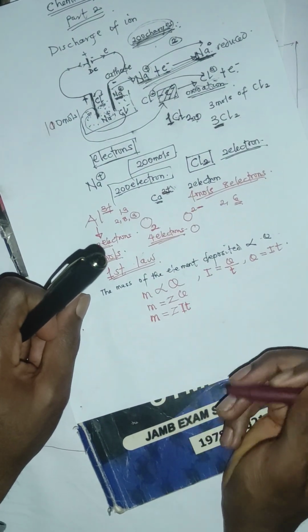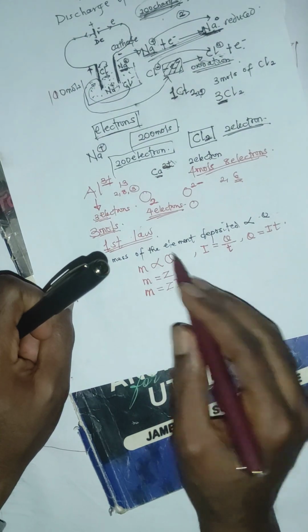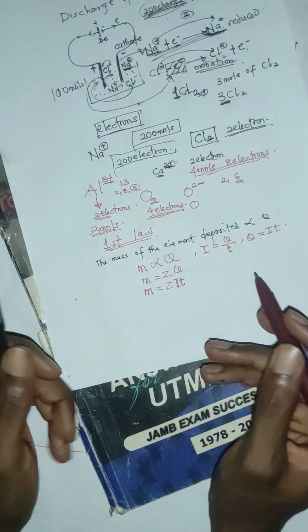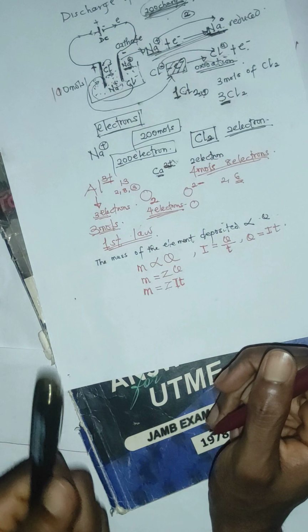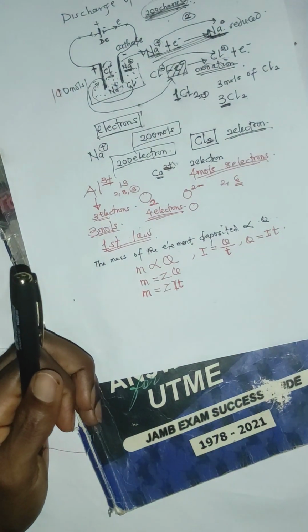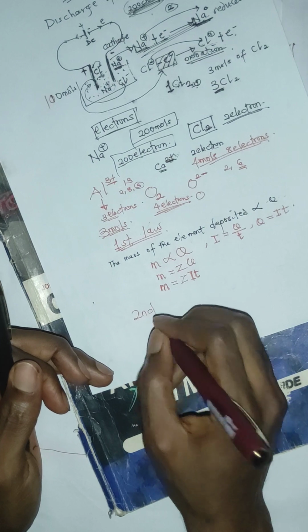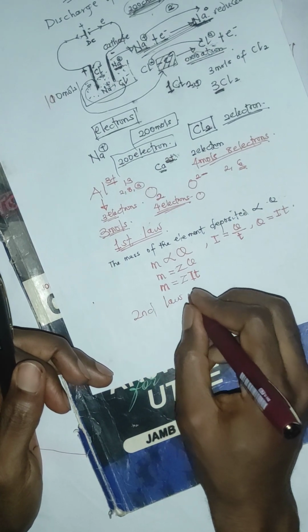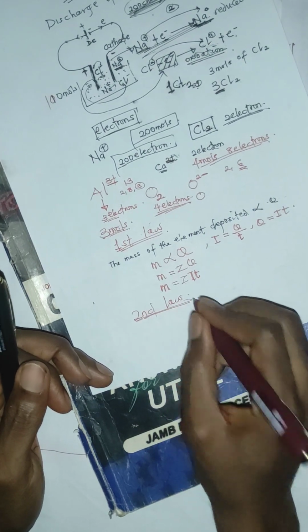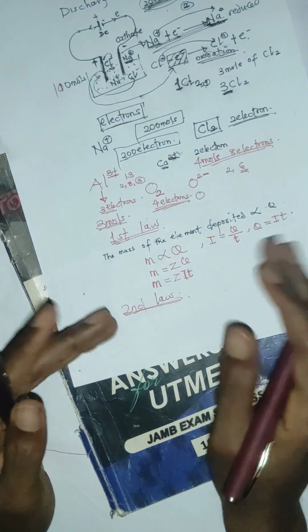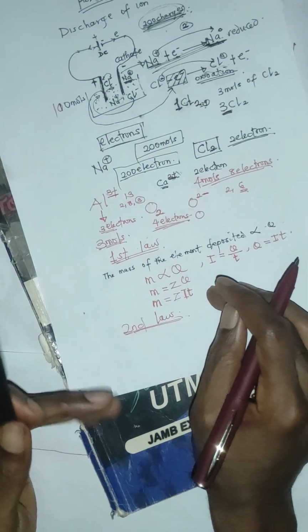This is quite simple, and we mostly come across this particular first law in our physics. But in the case of chemistry exam, we have to think about the other law that we call the second law of electrolysis. The basic idea of the second law has been what we have been describing since morning.